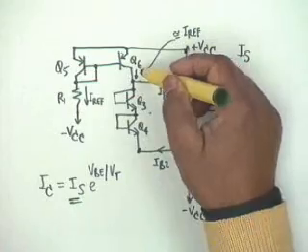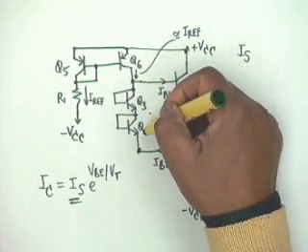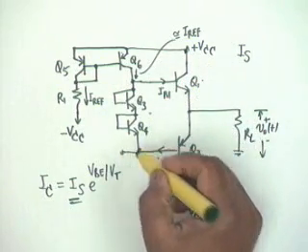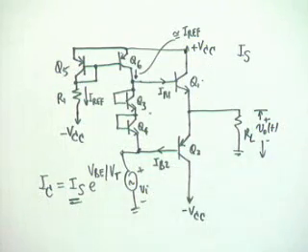Okay? And so, why should we make the junction areas less? So that the current goes through Q6. Where does it flow through? It flows to Q3, Q4, and this is Vi. I beg your pardon, I have not shown you Vi. This is Vi.